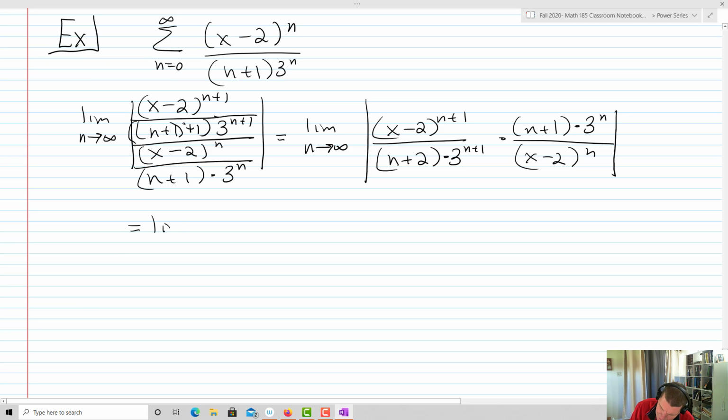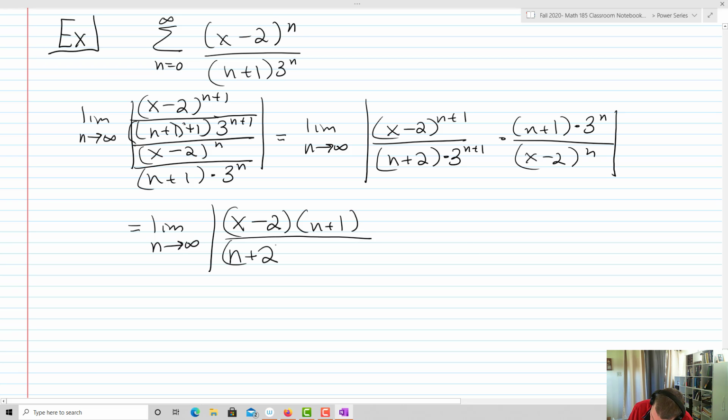So this is now going to be the limit as n approaches infinity, and we're going to end up with x minus 2 on top, times n plus 1, divided by 3, because we're going to have 3 to the n plus 1 divided by 3 to the n, so we get 3 times n plus 2.